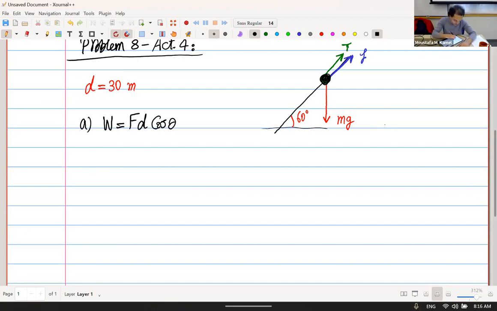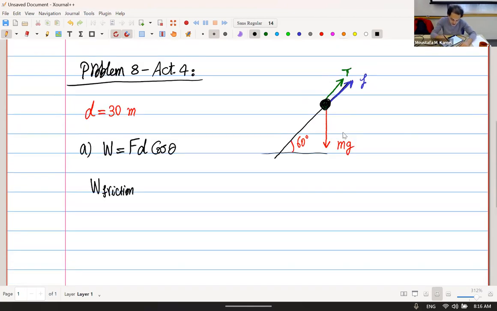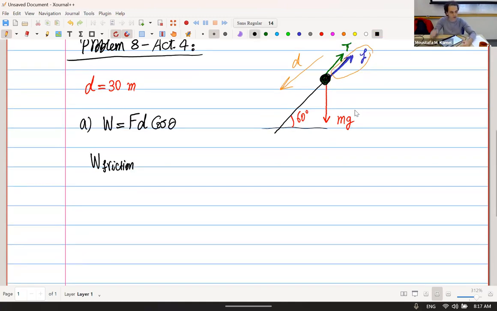So if we're talking about friction, then the angle between the force of friction and the displacement is 180 degrees, because the force of friction is pointing up here and displacement is down the ramp. So they're pointing in opposite directions. So basically, this is F times D times cosine 180 degrees, which is just negative F times D.